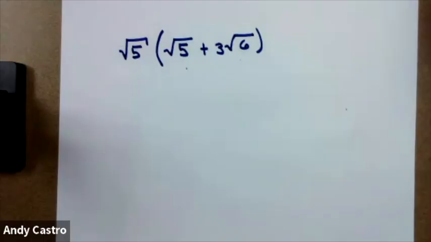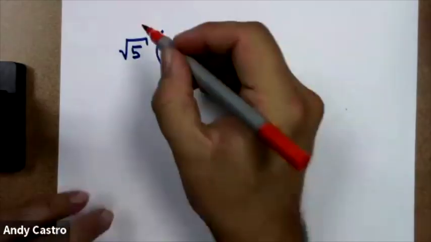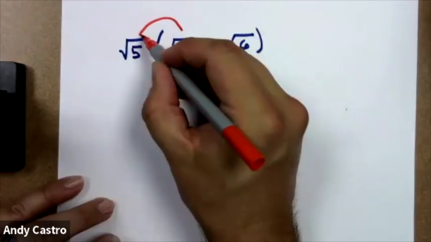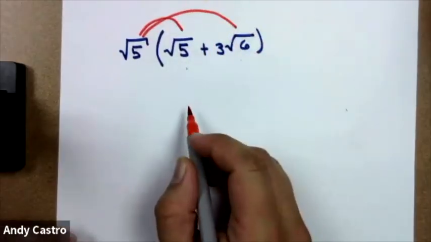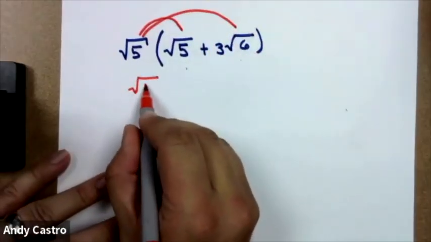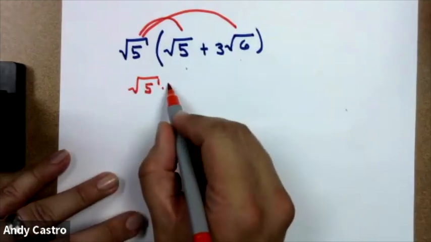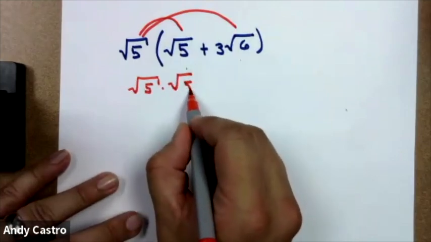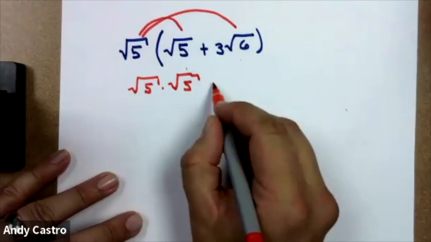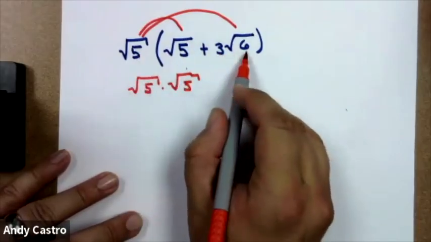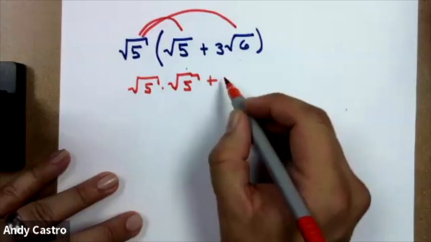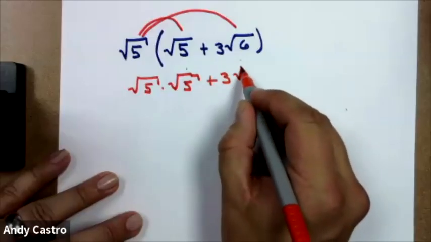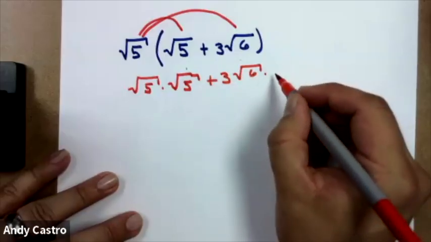Well, here we have distribution. So we'll distribute this root 5 over that addition, and we will have root 5 times root 5. And then root 5 times 3 times root 6 would be this.